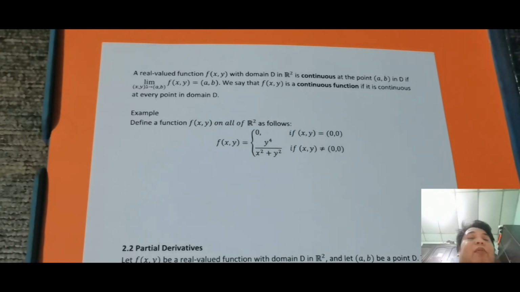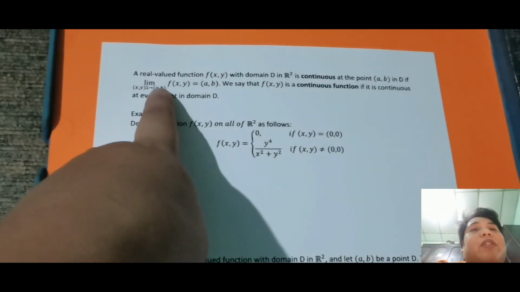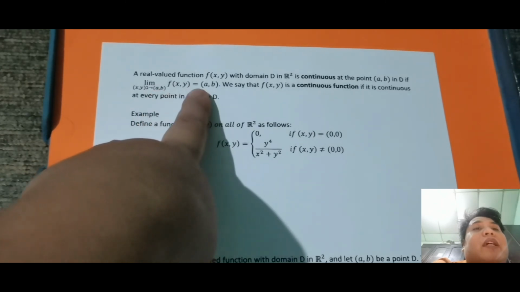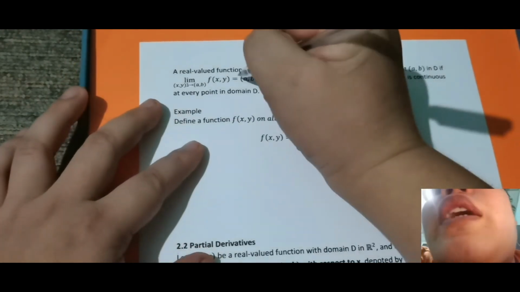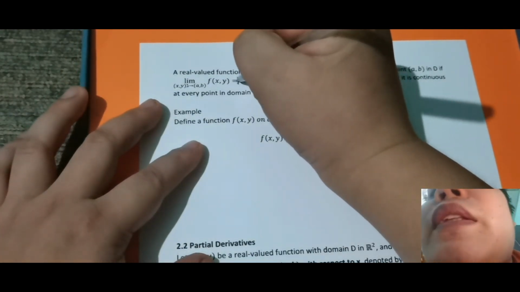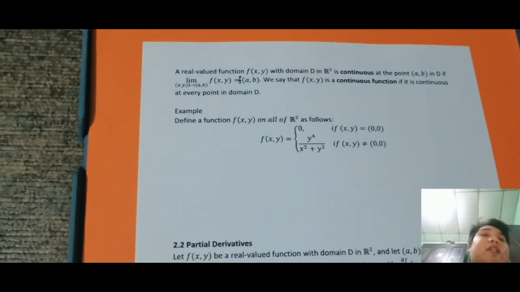Okay, so we say that f of x comma y is a continuous function if it is continuous at every point in D. Okay, so again, para masabi natin na yung real valued function f of x comma y is continuous, dapat lang mapakita natin to na yung limit niya ng f of x comma y as x comma y approaches to a comma b is just equal sa f of a comma b. So then we say, pag ganun nangyari, we say that it is a continuous function at every point in the domain D.